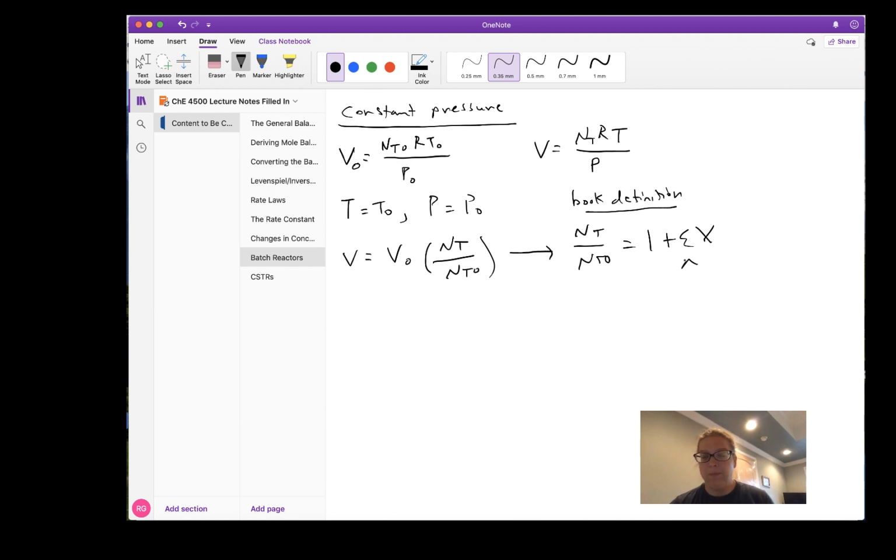And you've probably worked with this equation: epsilon is equal to Ya naught times delta, where Ya naught is the mole fraction of the limiting reactant at time equals 0.